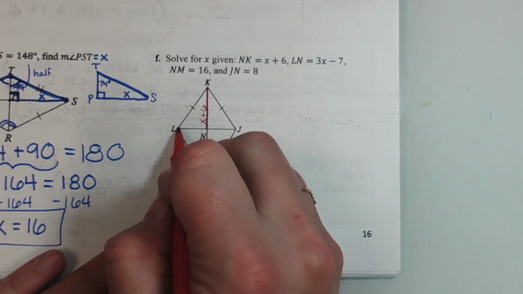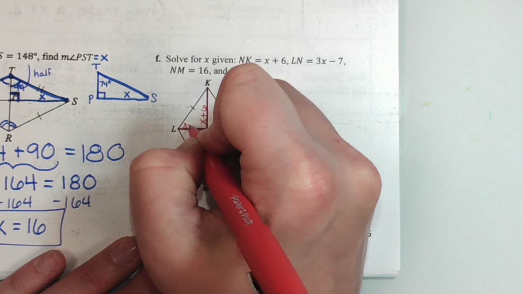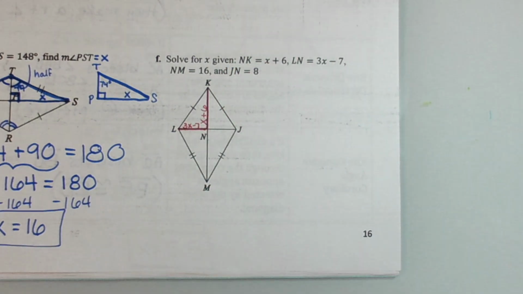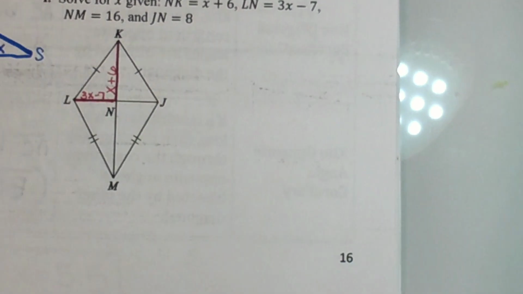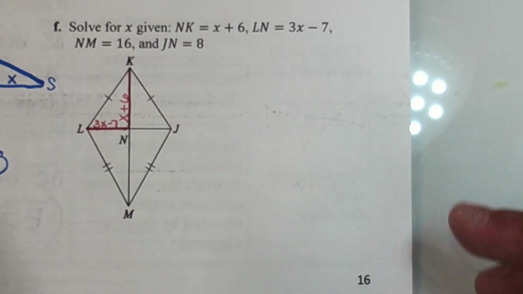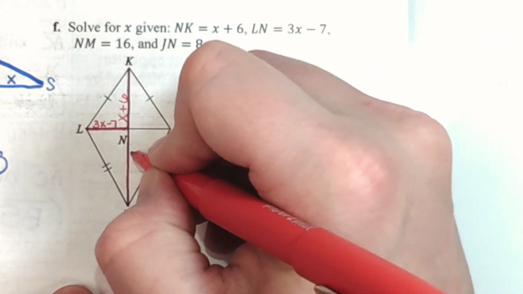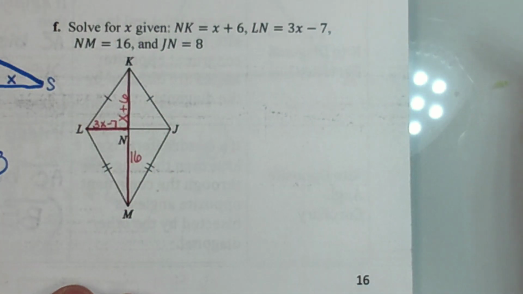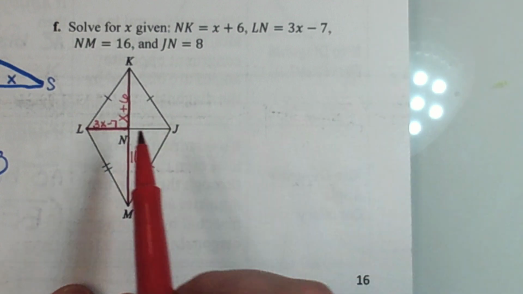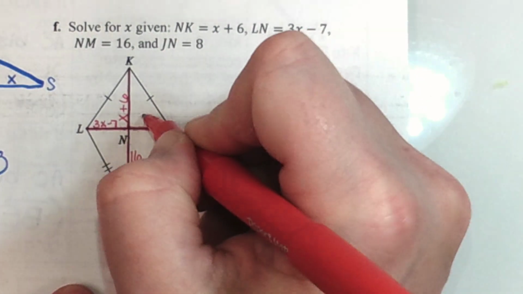LN goes from here to here, 3x minus 7. NM goes from here to here, is 16. And JN goes from here to here, is 8.